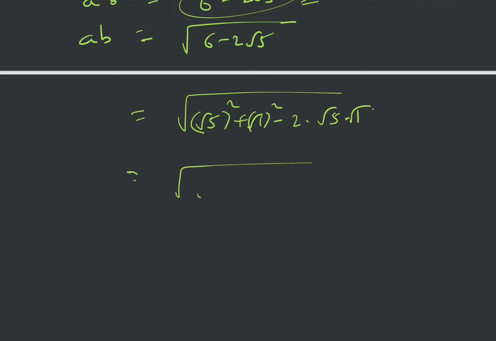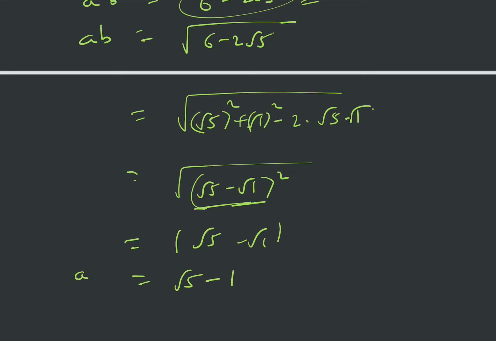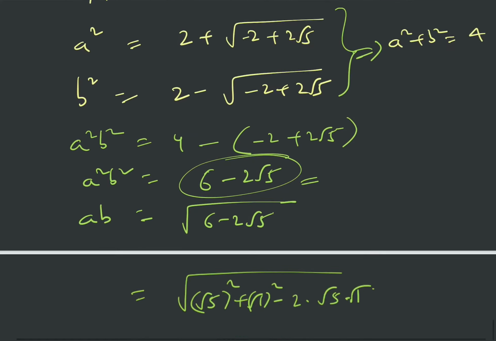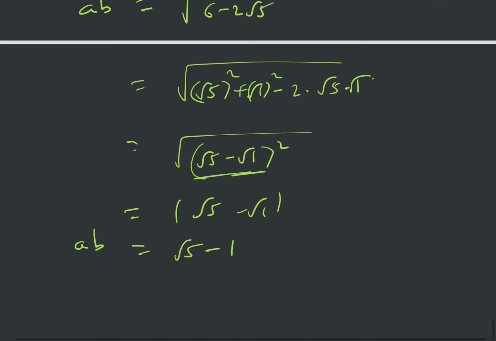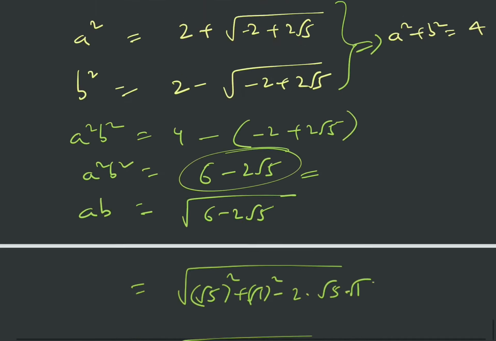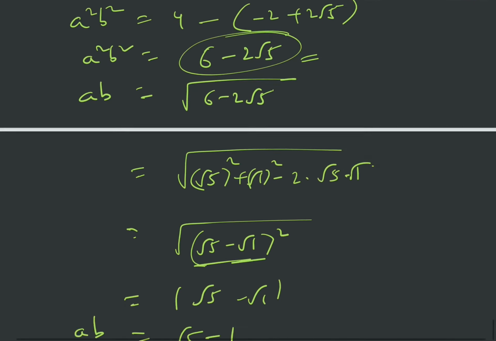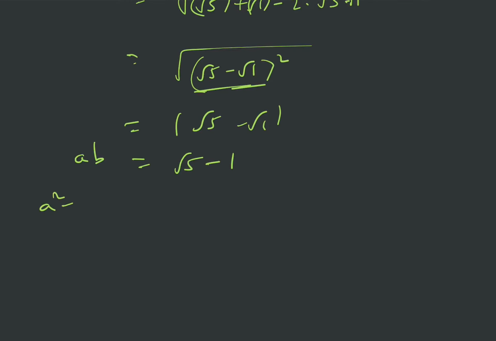So this is square root of root 5 minus root 1 whole square, and this is anyway positive, so I can just write it as root 5 minus root 1, that is 1. So AB is root 5 minus 1 and A square plus B square is 4. We want to find A minus B.